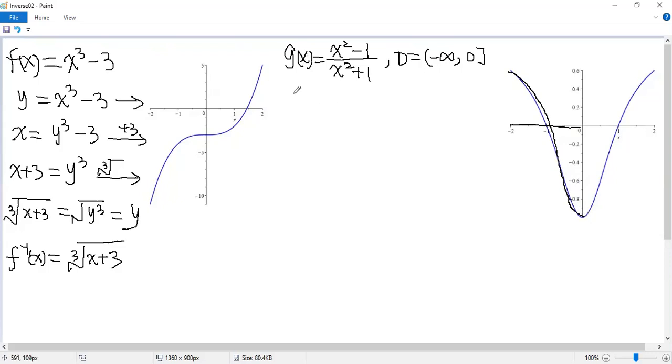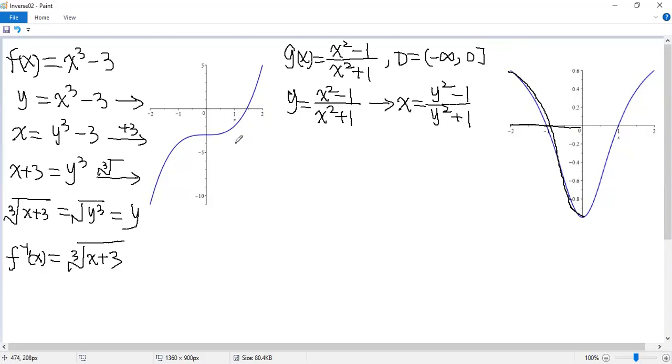Change g(x) to y. So y equals (x squared minus 1) over (x squared plus 1). Swap x and y. So we get x equals (y squared minus 1) over (y squared plus 1). To clear the denominator, both sides multiply by y squared plus 1.